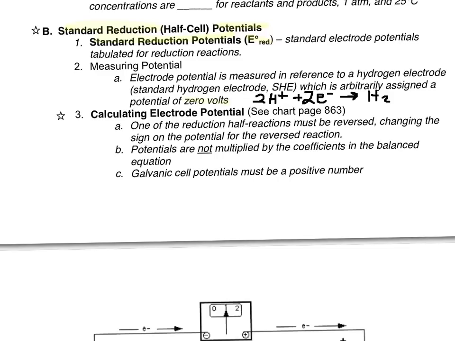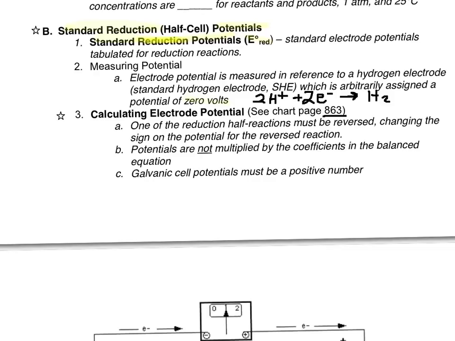So if you look at the chart on page 863, or at the chart that I gave you or will give you, you can see all these different potentials, and you can see hydrogen there right in the middle. Now in your problems you're going to have two half reactions, and these charts are standard reduction charts, which means that all of the equations are written as reduction half reactions.